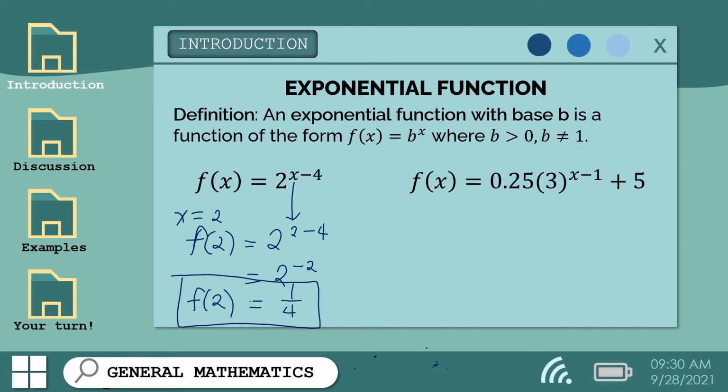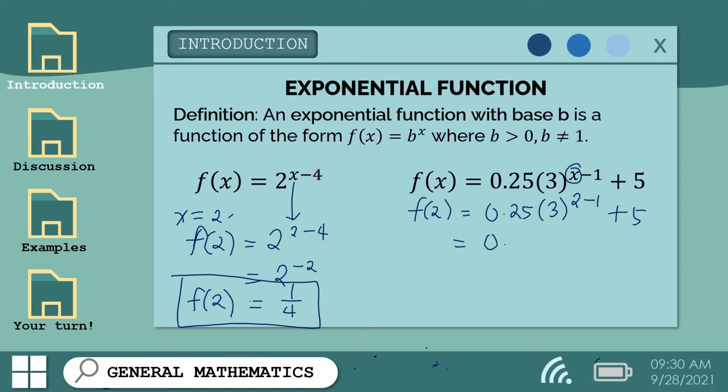How about this one? Ganun din, replace lang natin ang x ng ating function. f of 2 is equal to 0.25 times 3 raised to 2 minus 1 plus 5.